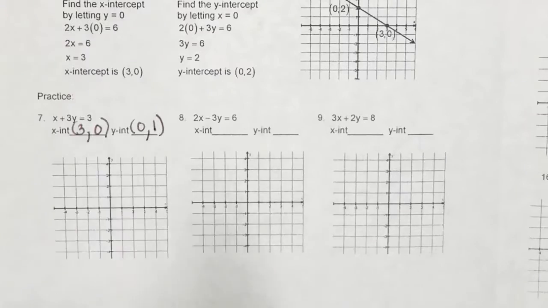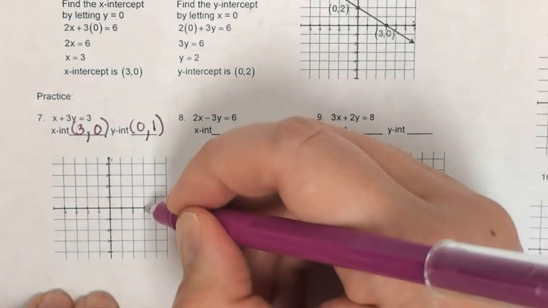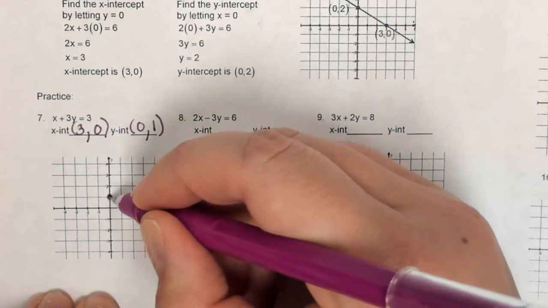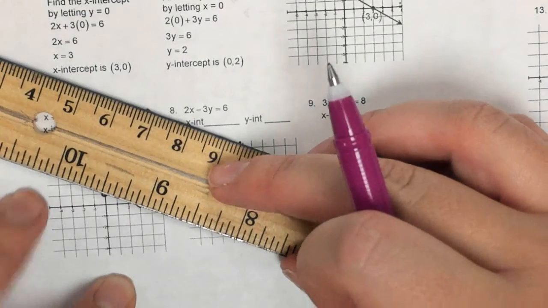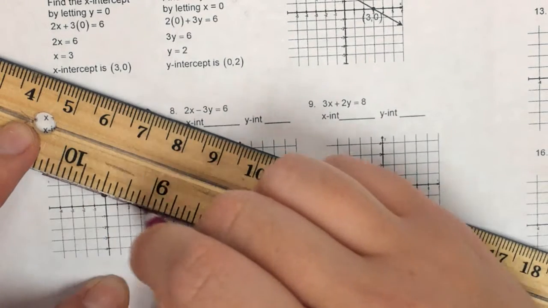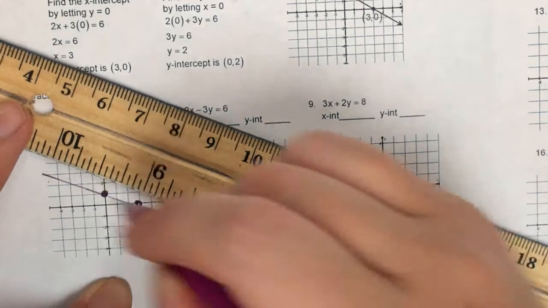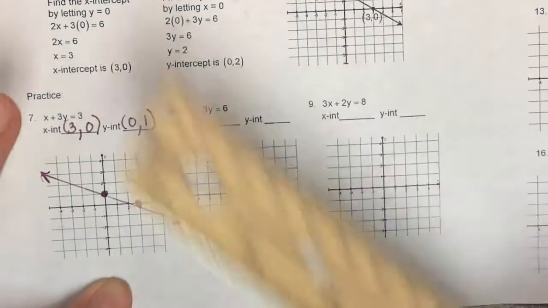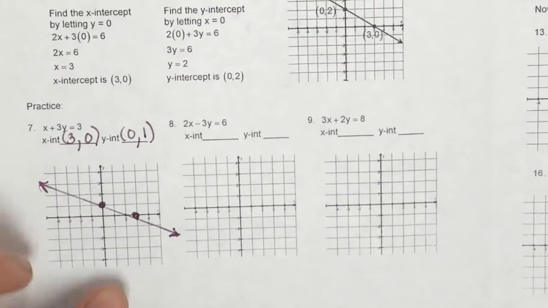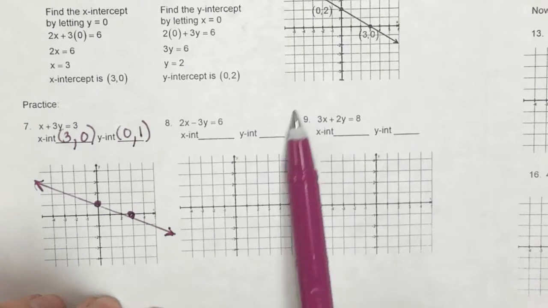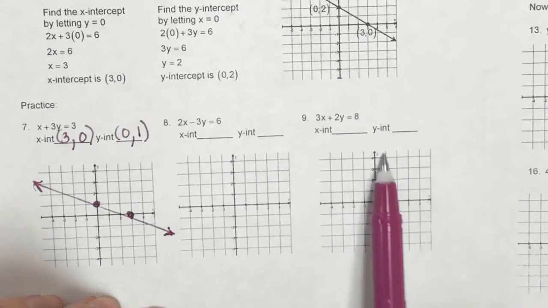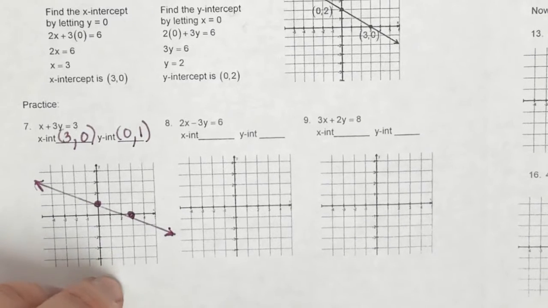So all we do is plot those points. X-intercept of 3. Y-intercept of 1, and we have a line. Okay, not so bad. Okay, I want you to try number 8 and try 9. Yes, something weird happens in 9, but go as far as you can with it, and we'll talk about it in a minute. Okay?